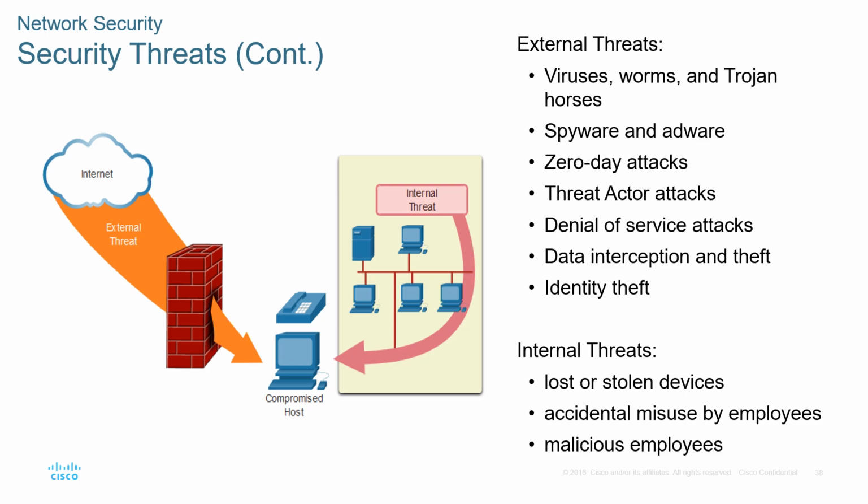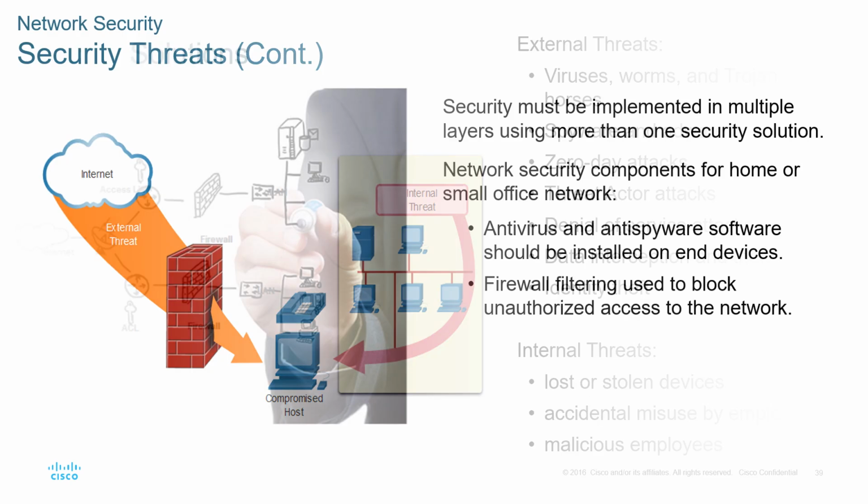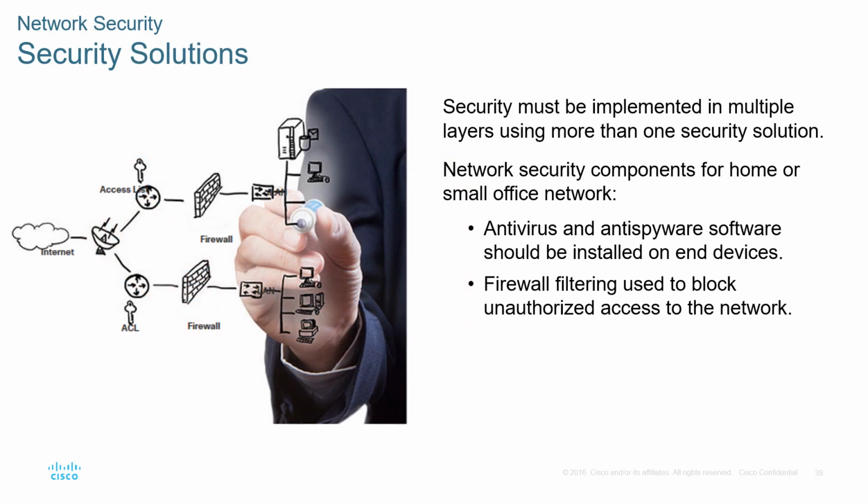If you apply the firewall and the antivirus, it helps you avoid all these types of viruses. Two things to prevent any data loss and any attacks: antivirus installation in the device, and also a firewall filter to block any unauthorized access in the network.